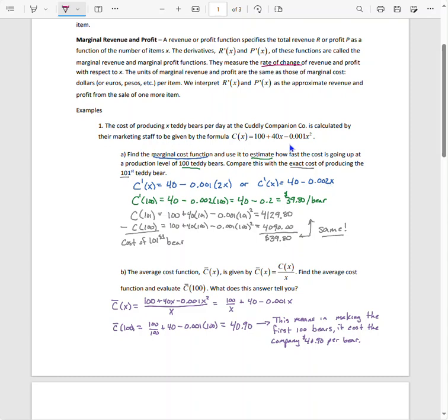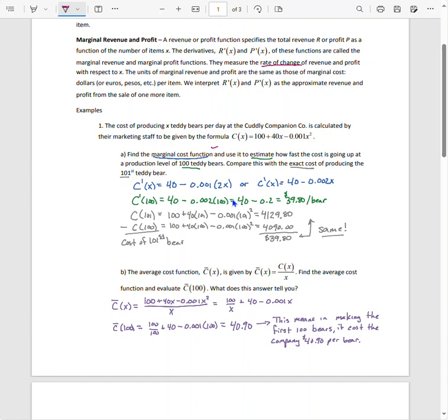Awesome. Now I abandoned the problem in the middle of reading it, so I go back. Find the marginal cost function, done. Use it to estimate how fast, because it's a rate of change, we'll use the derivative, how fast the cost is going up at a production of 100 teddy bears. I'm using the marginal cost function, so I put 100 in for x.